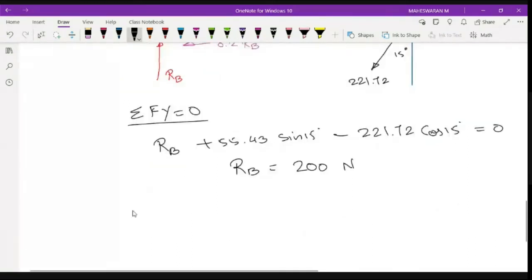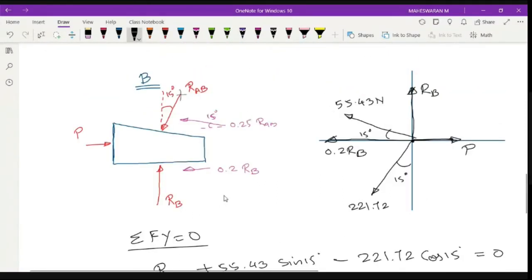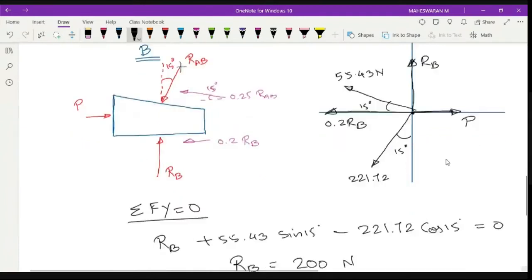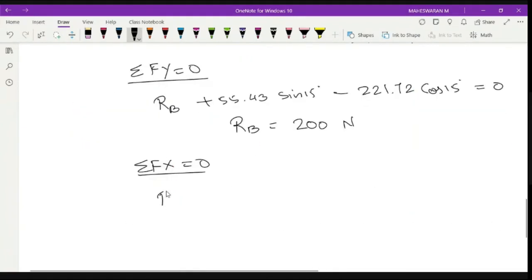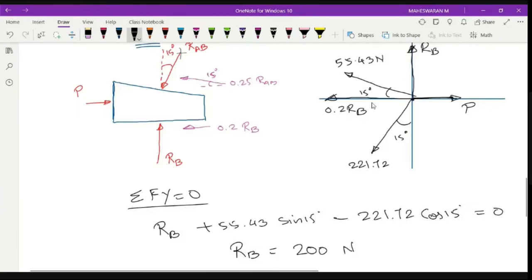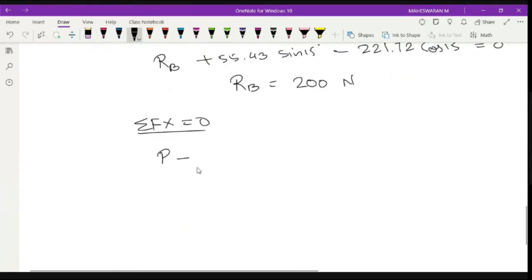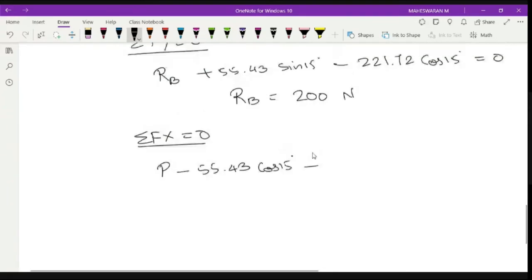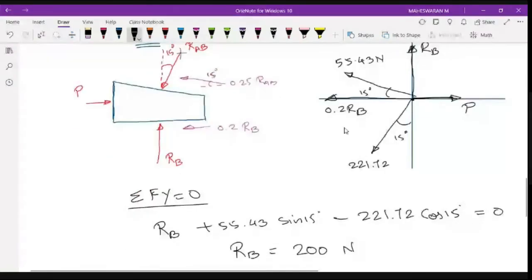I can go for sigma Fx and equate it to 0. So P is a positive value, minus 55.43 cos 15 degrees, minus 0.2 RB.